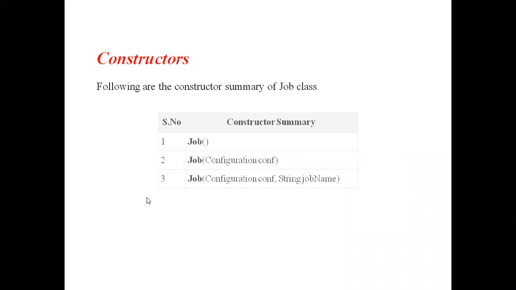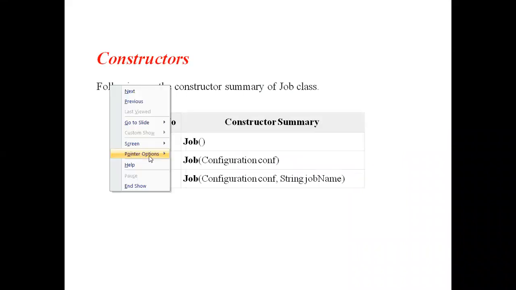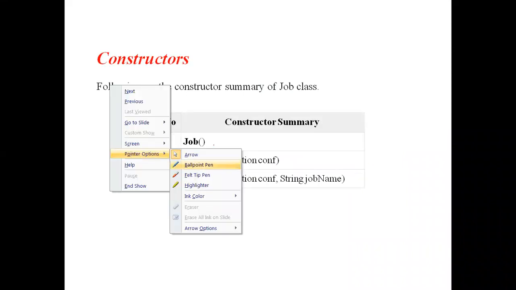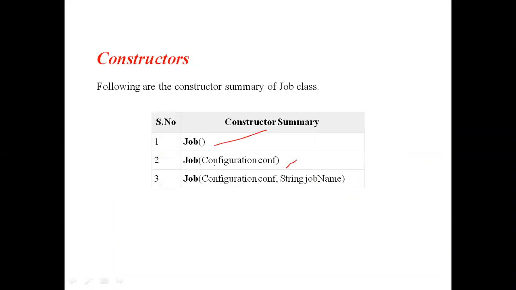Here, three different types of constructors are available: the default constructor, a constructor with a single parameter, that is a configuration conf object of the configuration class, and a third with two parameters, an object of the configuration class as well as the job name.